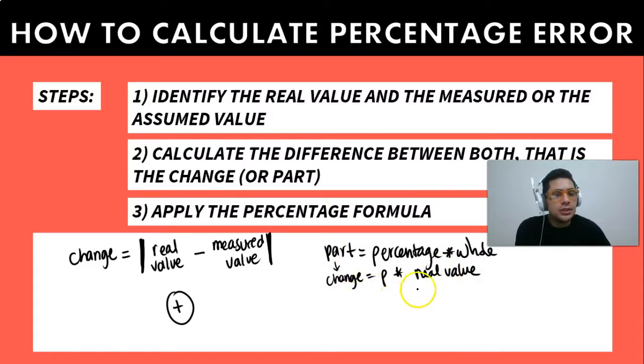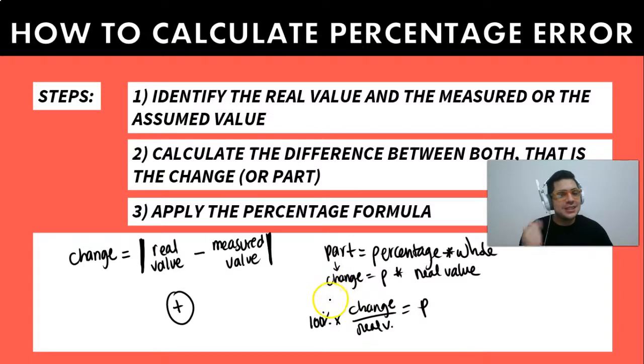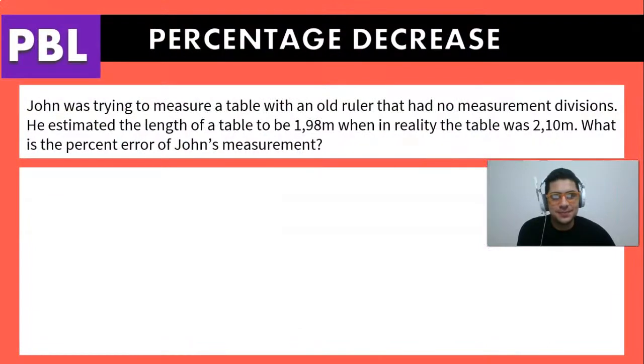And if we want to calculate the percentage, it's going to be the change divided by the real value, and that is going to be multiplied by 100%, right? We are always going to be using the same formula. Part is percentage by the whole. So now let's try doing a real life situation with a problem-based learning problem.